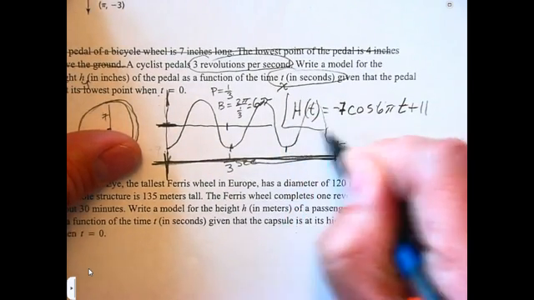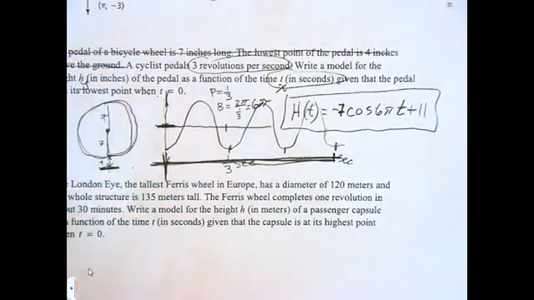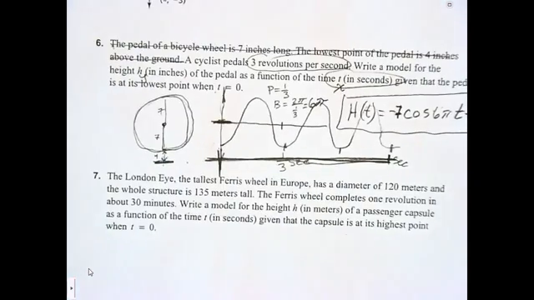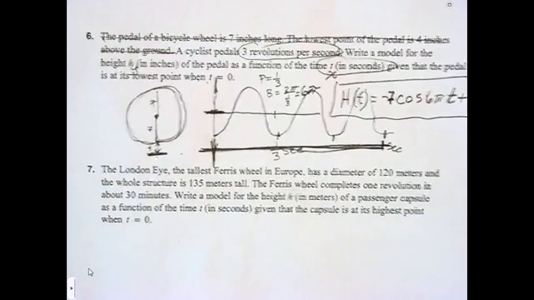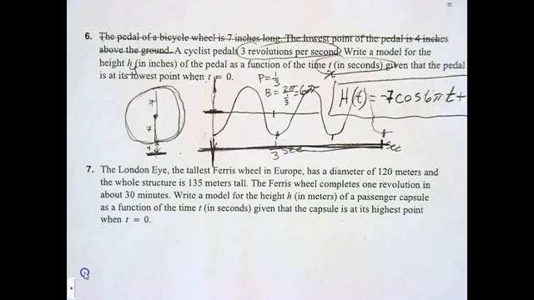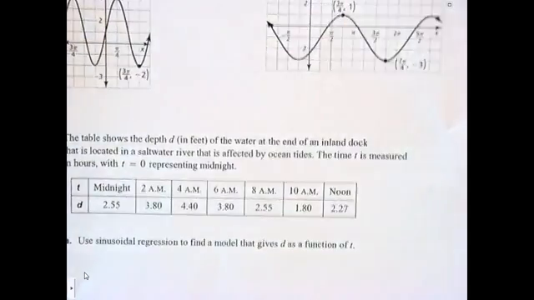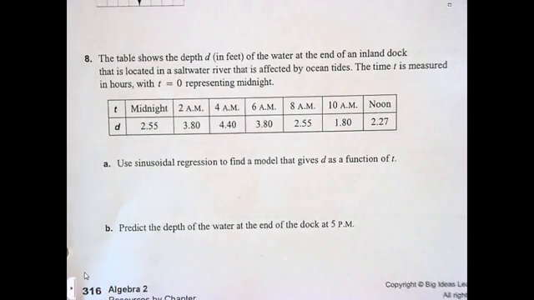Pretty cool, huh? If you want to see how well you understand that, you can try number 7 tonight. Number 8 on your assignment tonight, on the practice A side, says the table shows the depth D in feet of water at the end of an inland dock that is located in a saltwater river that is affected by ocean tides.